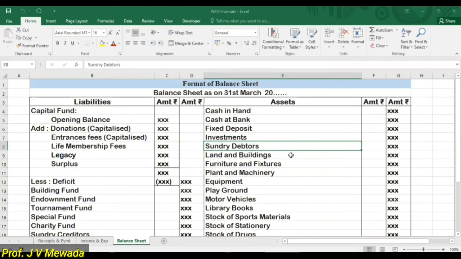Then we have fixed assets like land and building, furniture and fixture, plant and machinery, equipments, playground, motor vehicles, library books. So these are all fixed assets, and whatever depreciation we are told to charge, we are charging the depreciation, and the net value we are showing in the outer column.